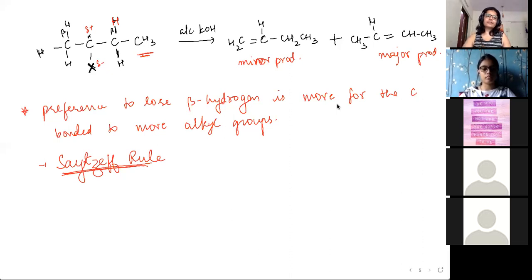Hydrogen will go wherever there are more hydrogens. The Saytzeff rule is the reverse. It is applicable to elimination reactions, when you're taking away atoms. So hydrogen will be removed where there are already a lesser number of hydrogen atoms.